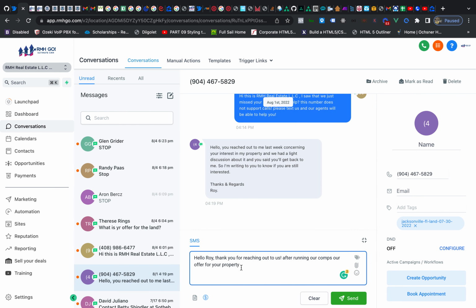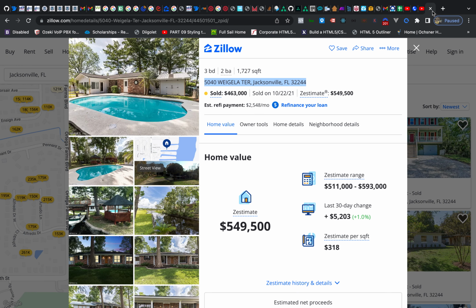So let's do hello. After running our comps for your property, we noticed there was a recent property built that has a house built on the land, and it was sold for 463,000.